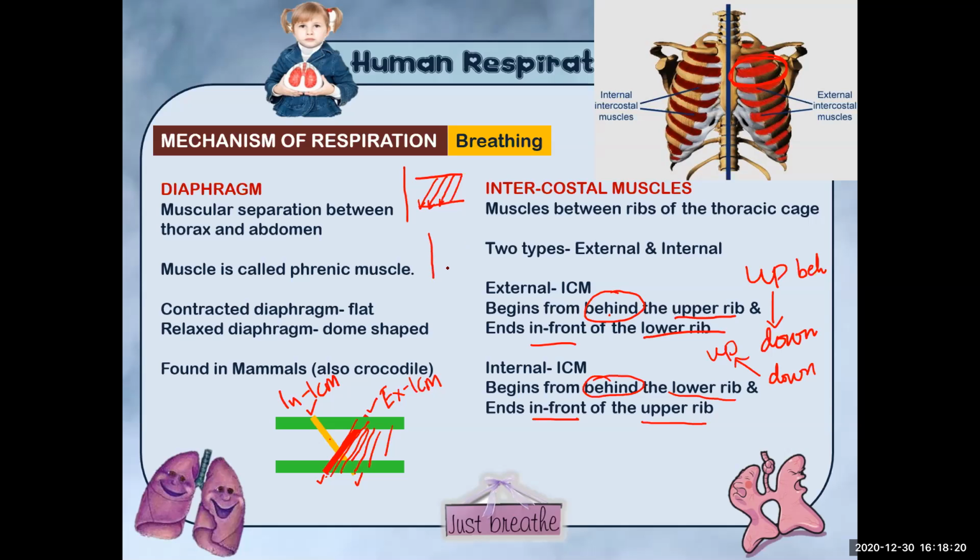If this is the midline and these are the two ribs, the direction of the fibers of internal intercostal muscles are like this. So ये दो directions important है. Right? Please draw this and this in your books. External intercostal muscle and internal intercostal muscles.